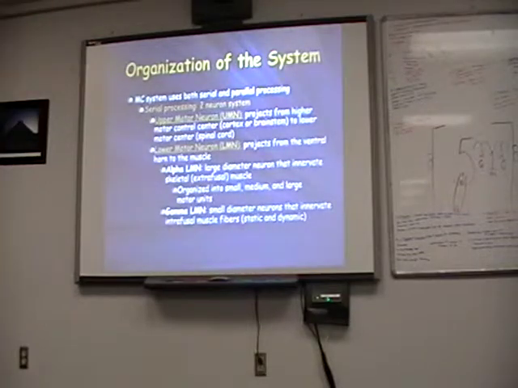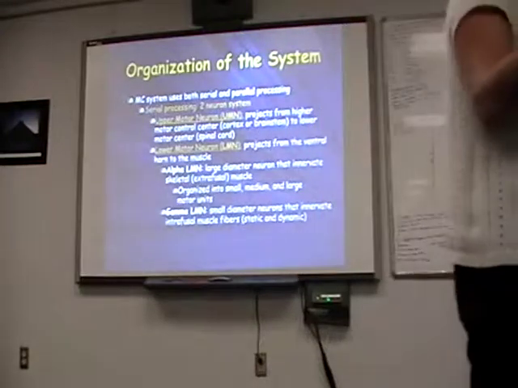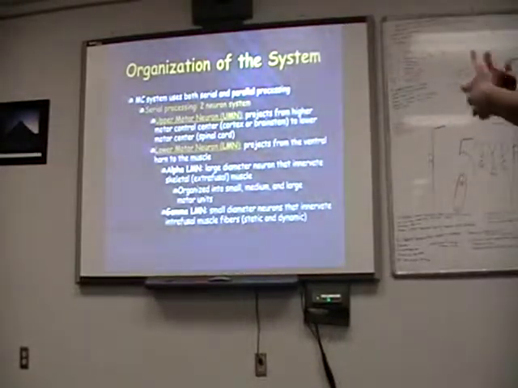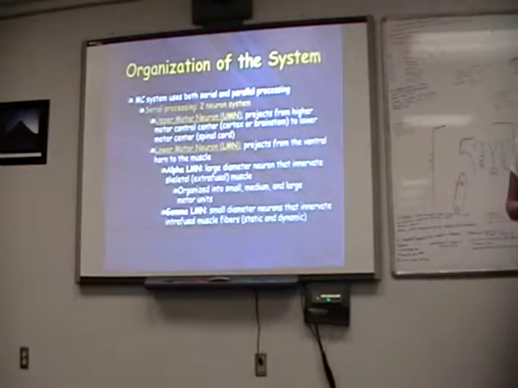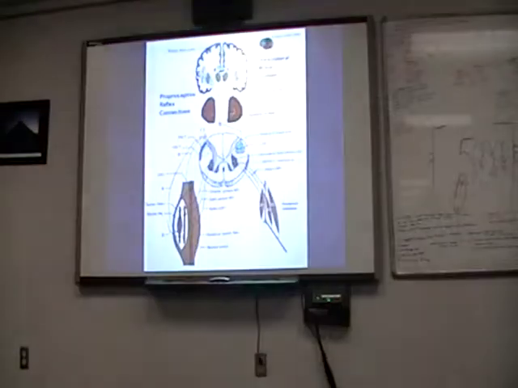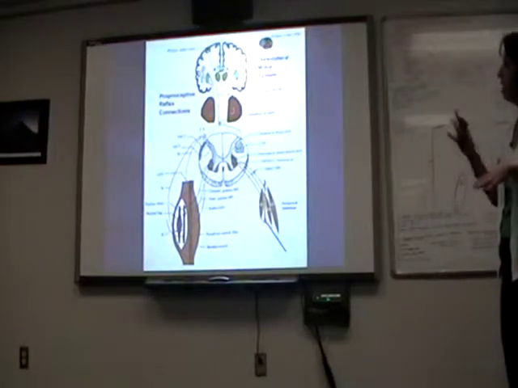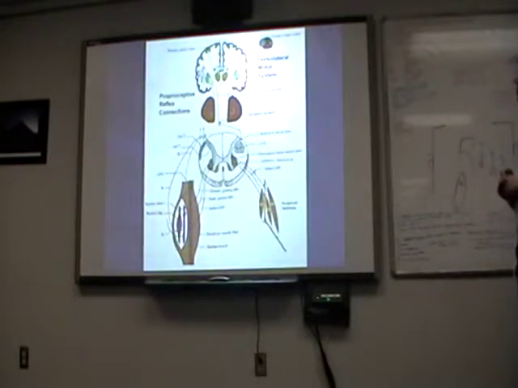So it doesn't squish. What happens if it squishes? You can't detect position sense or kinesthesia. So the gamma motor neuron is basically setting it up so that we can constantly get that proprioceptive information. This is just looking at it in the big picture. Again, we've got our GTOs, our gamma motor neurons and alpha motor neurons, sending out the information.